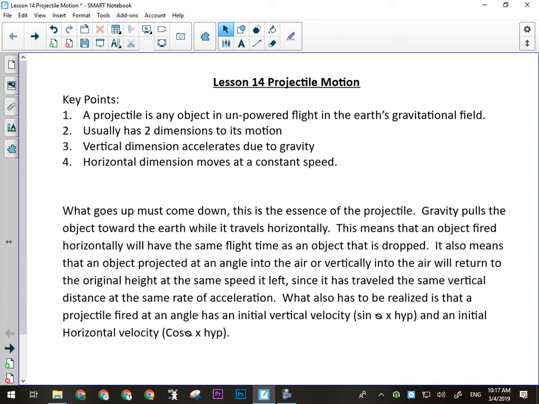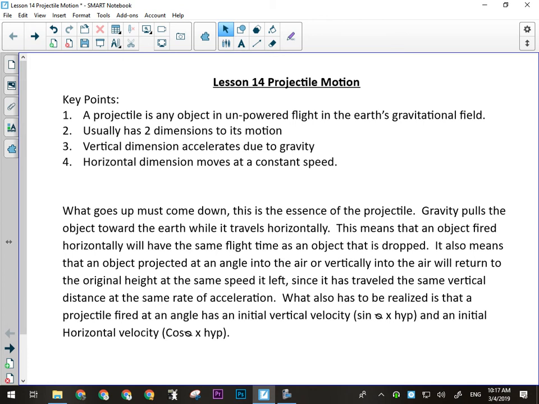So if an object is fairly far away from me, I would have to aim well above my target. You see this a little bit more with a bow and arrow. If anyone's ever done archery, because an arrow moves a lot slower than a bullet, you can actually see the arrow drop as it goes along its path. Same with a rock: when you throw it, you can see it drop. A bullet does the same thing.